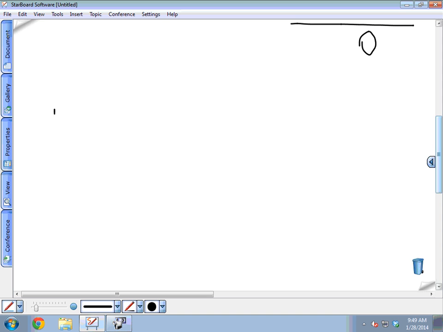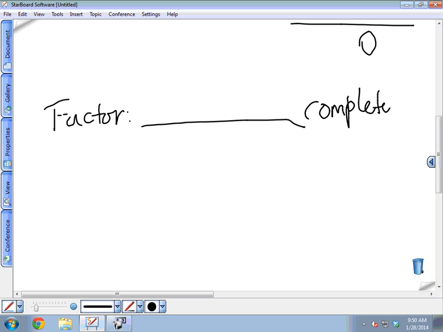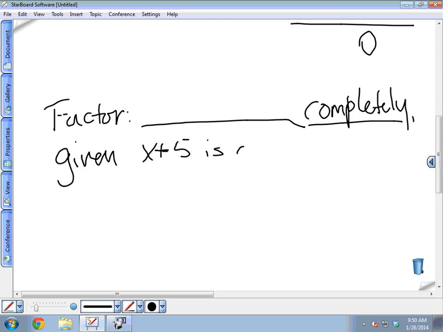So what they're saying is, when they say factor and they give you some polynomial, completely, now here's your given part. This is important. Given x plus 5 is a factor.